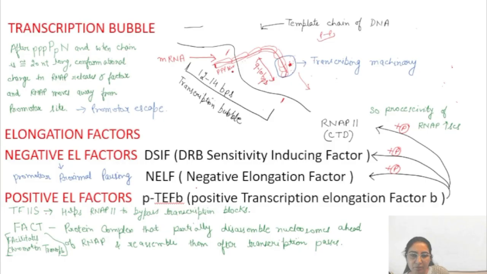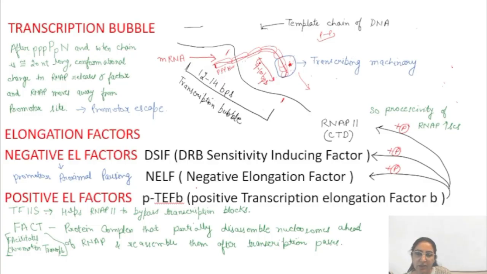But from the first molecule, this pyrophosphate is not removed as it's not attached to any other nucleotide before it. Then more and more nucleotides get attached and the chain keeps on getting longer.